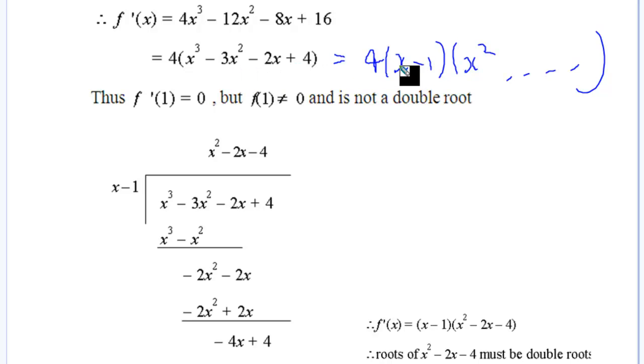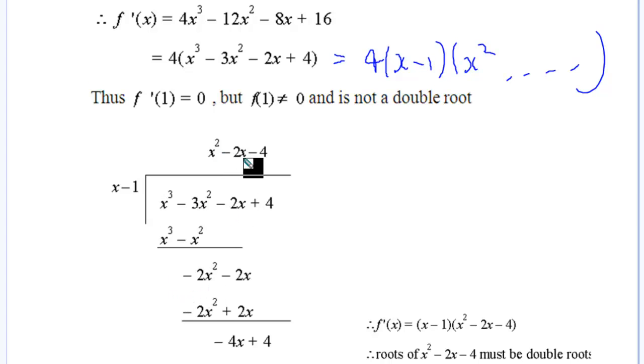So we can work out that we can get x minus 1 there. The derivative of that is equal to 0, but the function of 1 is not, so that can't be a double root. The x minus 1 going into that is not the double root. So whatever happens from the other part must be the double root.